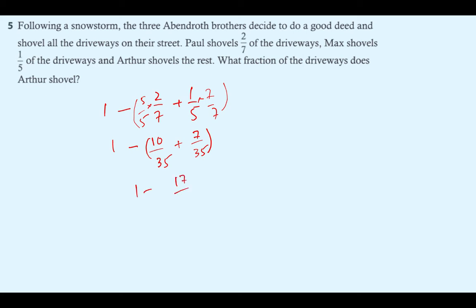So this is 17 over 35. So if you subtract 17 over 35 from 1, you get 18 over 35. That is the fraction of the driveway shoveled by Arthur.